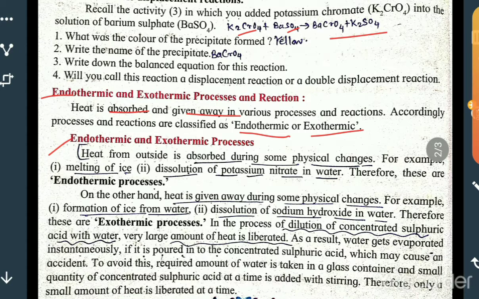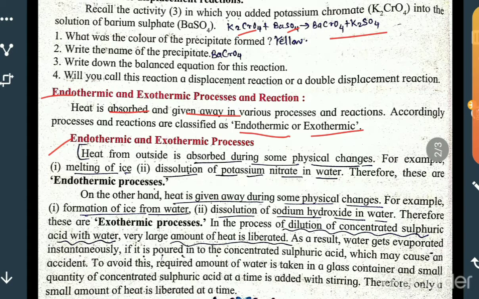Heat from outside is absorbed during some physical changes. For example, number 1, melting of ice. Number 2, dissolution of potassium nitrate in water. Therefore, these are endothermic processes. Students, are you getting what is meant by endothermic processes? Two examples are given.